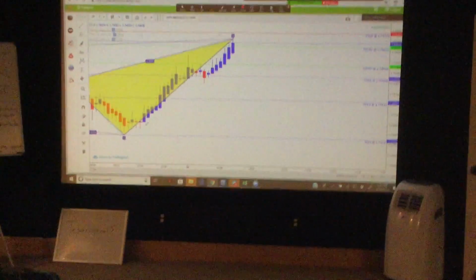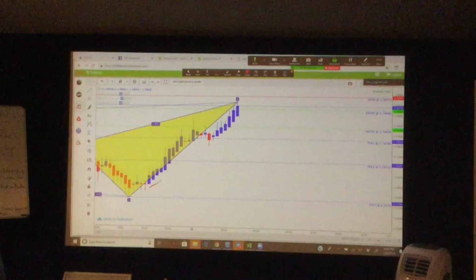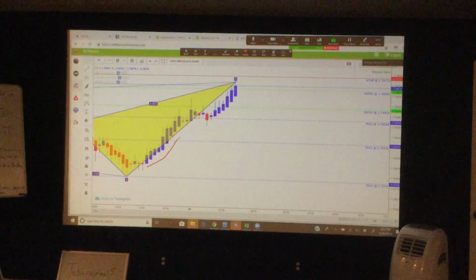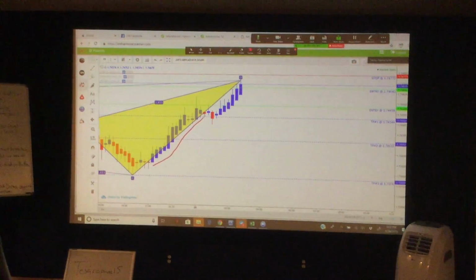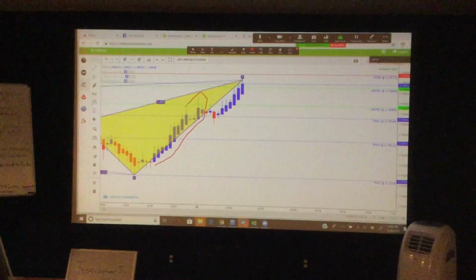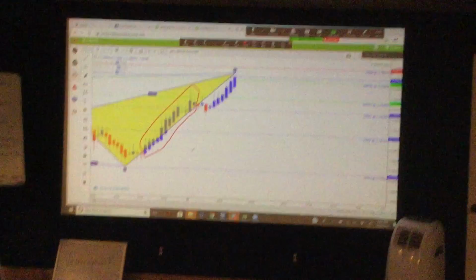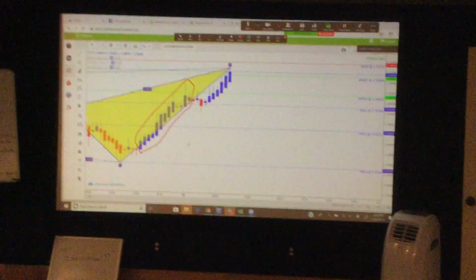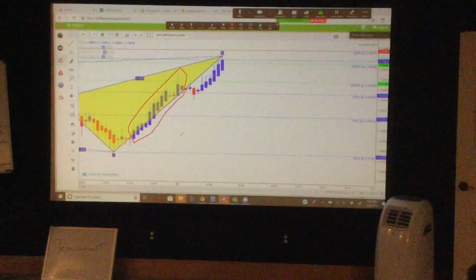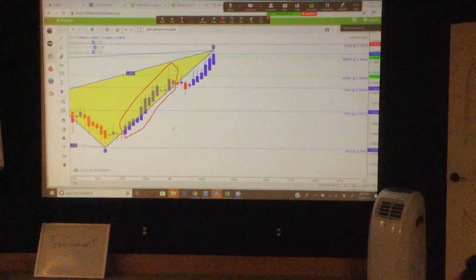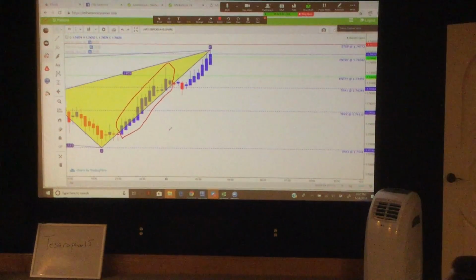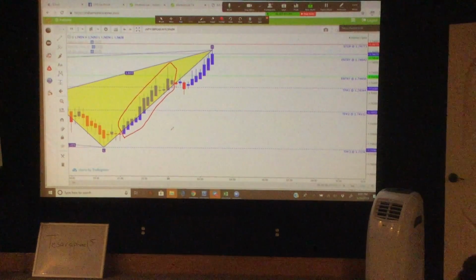All right. As long as these candles stay blue, you can stay in a buy. Does that make sense?